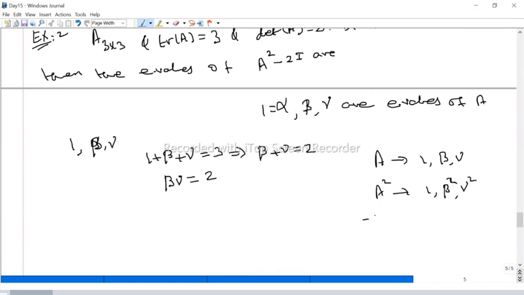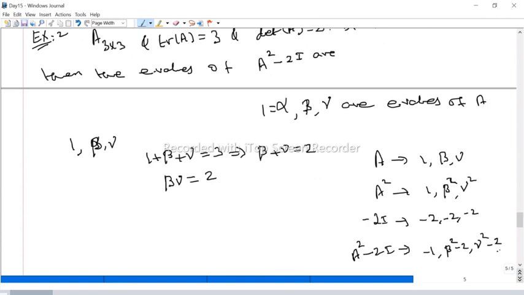What are the eigenvalues of minus 2I? The eigenvalues of I are 1, 1, 1, multiplied by minus 2. So the eigenvalues of A square minus 2I: 1 plus minus 2 is minus 1, then beta square minus 2, and gamma square minus 2.